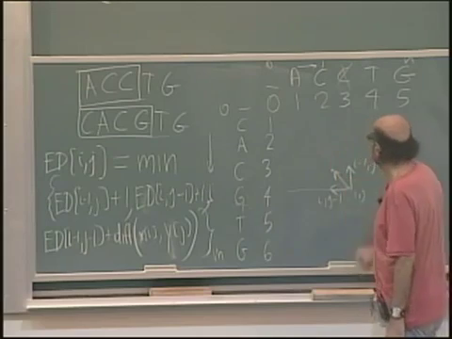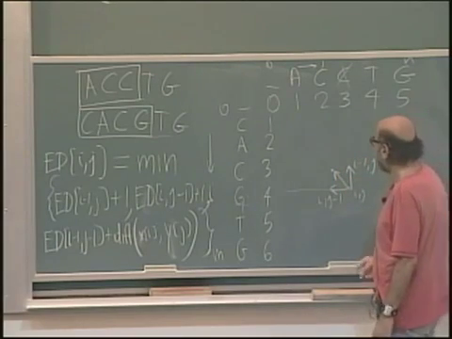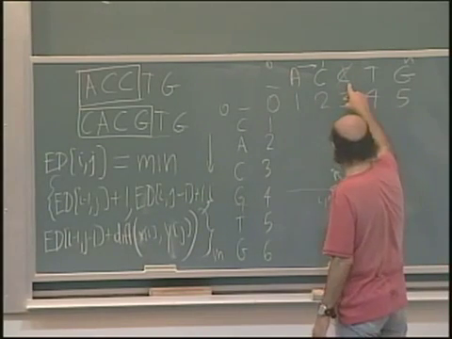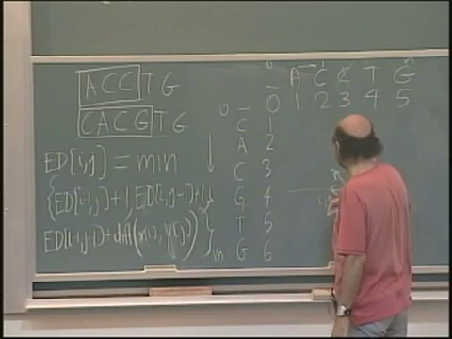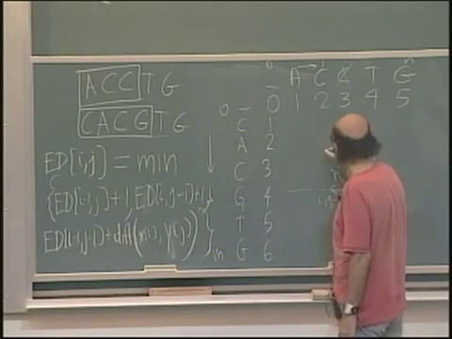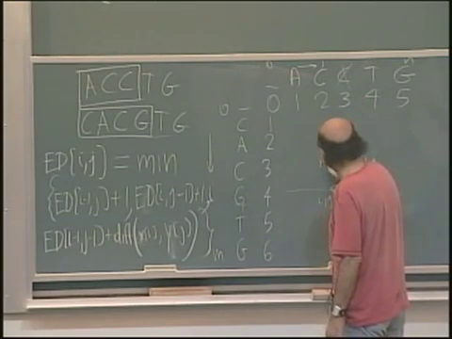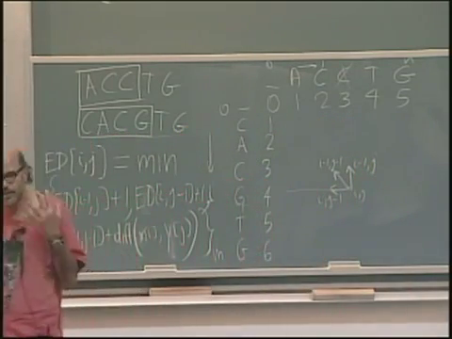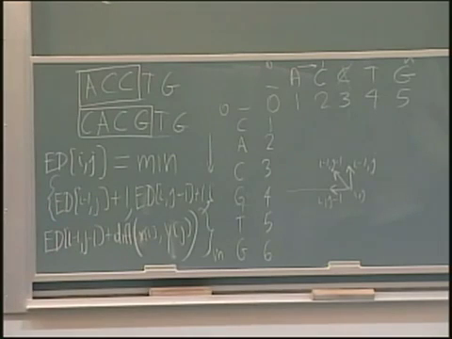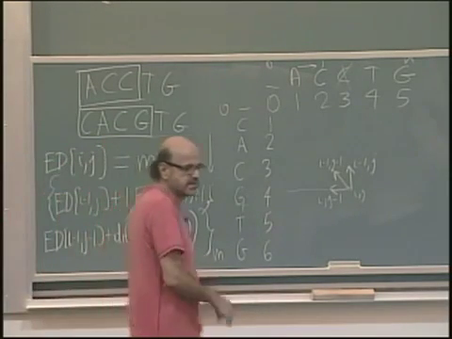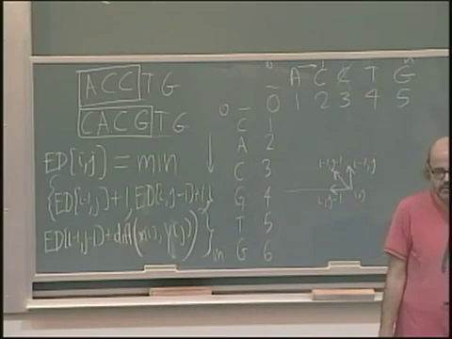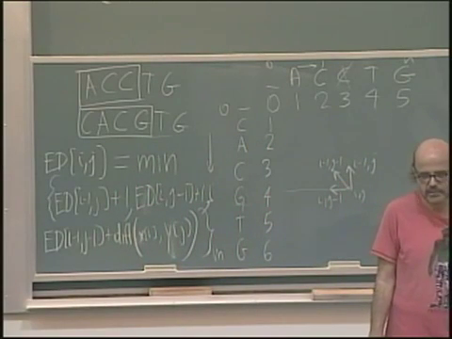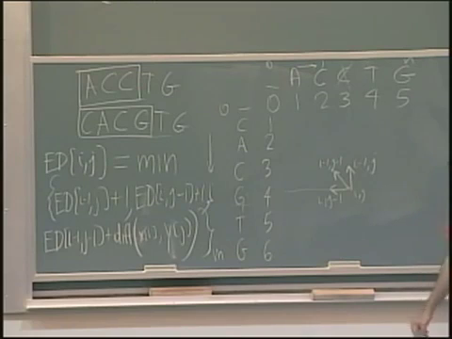Maybe what happens is I overwrite G by C, in which case I look at i minus 1, j minus 1. And these are the only three places I have to look at, because I know that all previous edit distances have been computed fine. Does that make sense?